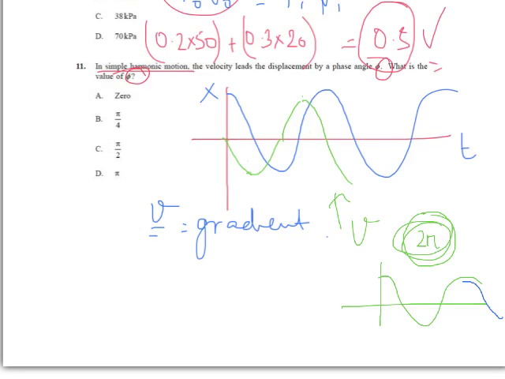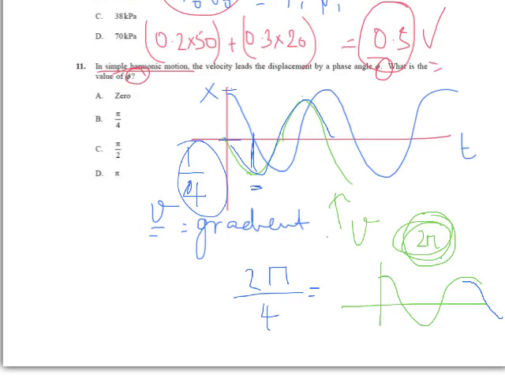We have from here to here, it's almost as if this velocity time graph is lagging, but how much of an entire cycle? From there to there, we're talking a quarter of a cycle, okay? There is a quarter of an entire wavelength lapse. So a quarter of 2 pi would be pi over 2. So the answer would be a phase difference of pi over 2, which is C.